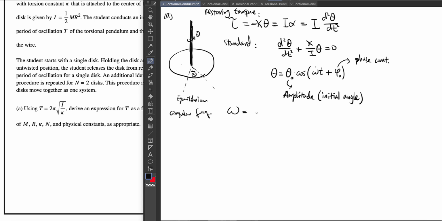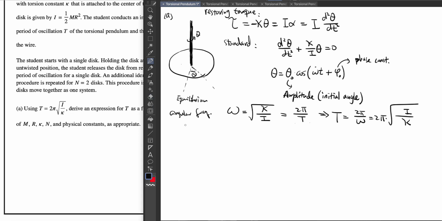Omega equals square root kappa over I. Okay, so omega is the square root of kappa over I and equals 2 pi over T. So the period T is 2 pi over omega, 2 pi square root I over kappa. Okay, so that is also the expression given in the question.